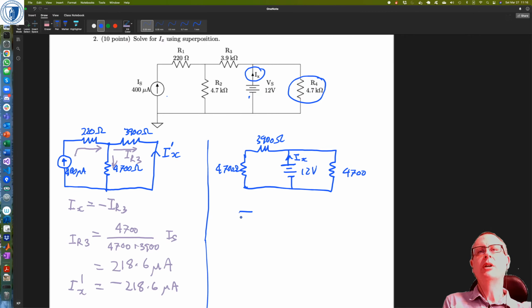So we can redraw that diagram effectively like that, where this is 3900, this is 4700, and then we have 4700 here.